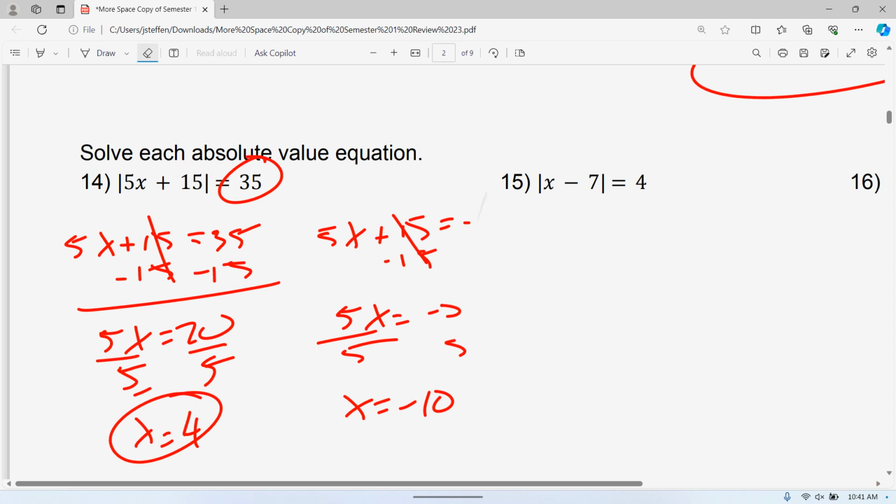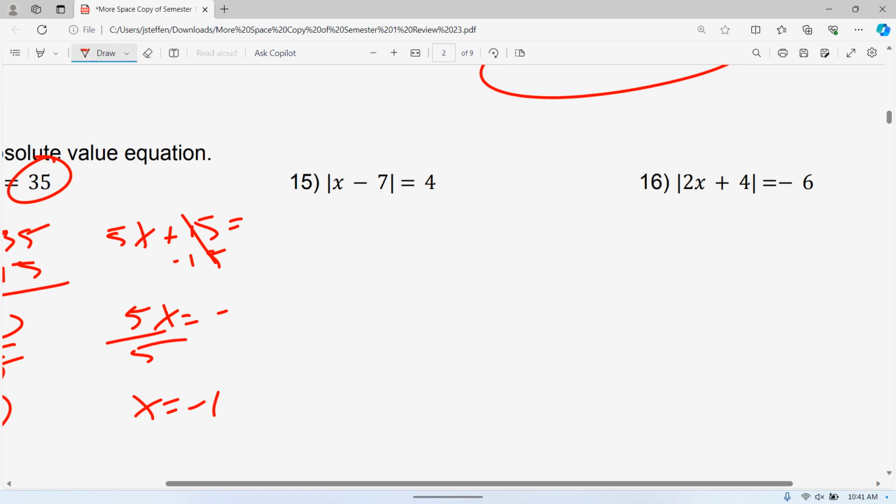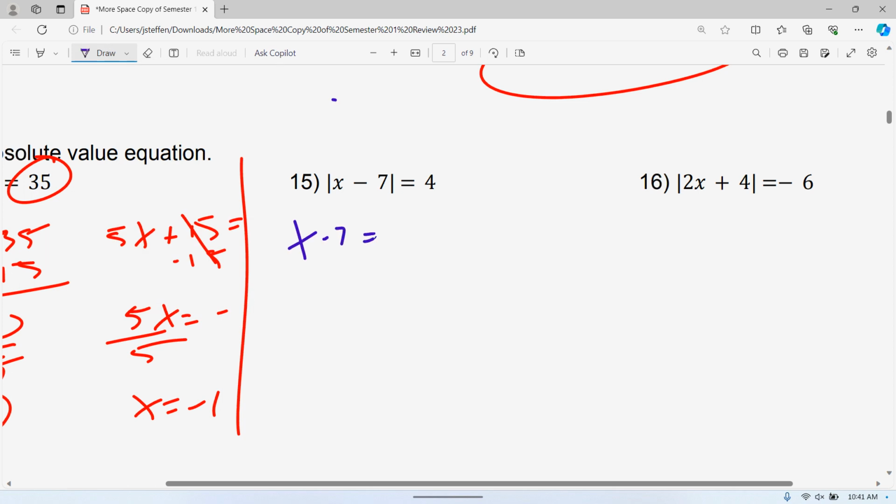Same thing with number 15, moving on to that one. Again, the absolute value, so right away we can take 1 is equal to 4. And x plus 7. That's not the sign that changes.